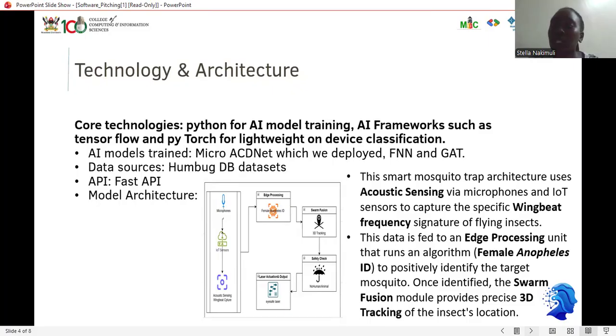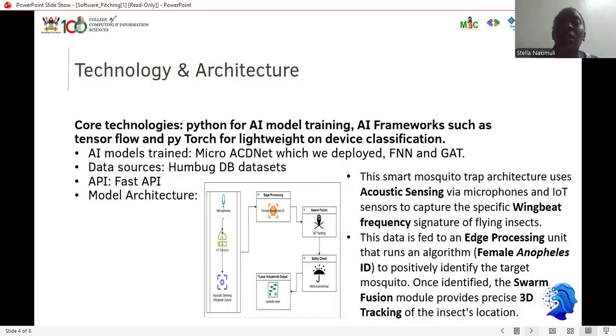Mainly we trained models, and we deployed the MicroSCDNet because it had the best accuracy of the three models we trained. We trained the FNN model, we trained the GAT model, and we used the MicroSCDNet because it had the best results.